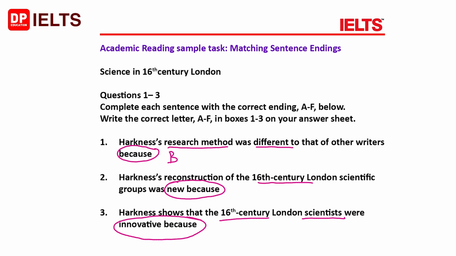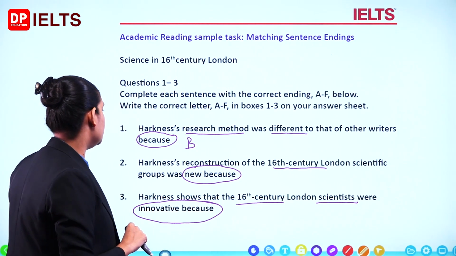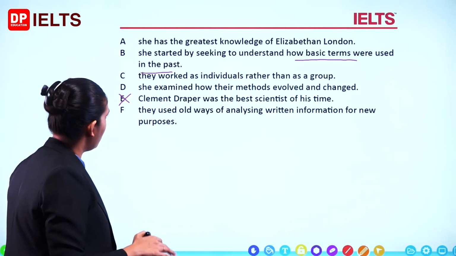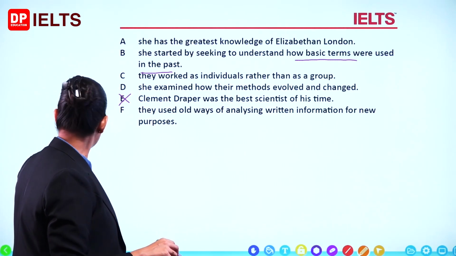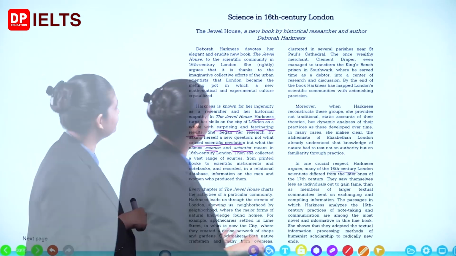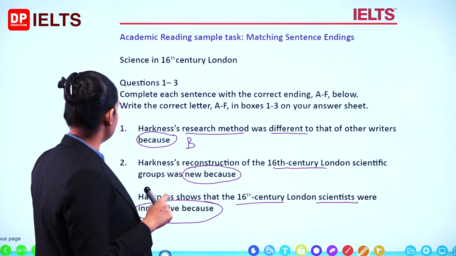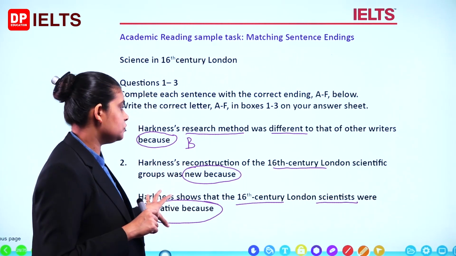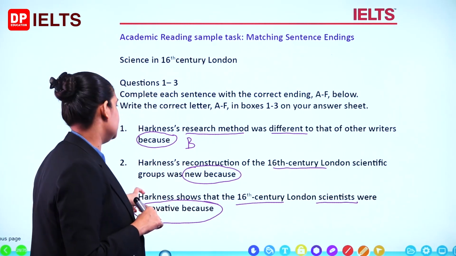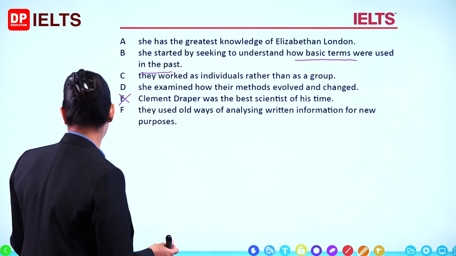Next one. Harkness' reconstruction of the 16th century London scientific groups was new because why? Okay. Now let's have a look at 16th century. Nothing here. Right. So obviously our question was Harkness' reconstruction of the 16th century London scientific groups was new because what was the reason, right?